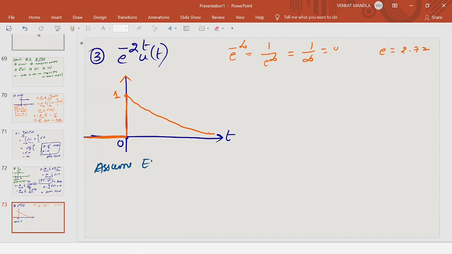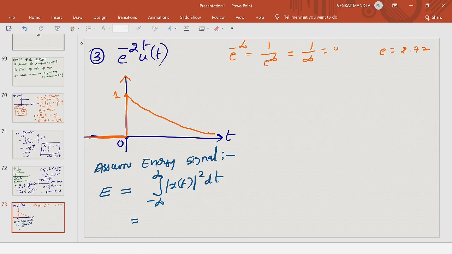That is why I am assuming an energy signal. So if it is an energy signal, let us say E equal to finite, integral from minus infinity to plus infinity of magnitude of x of t whole square dt.